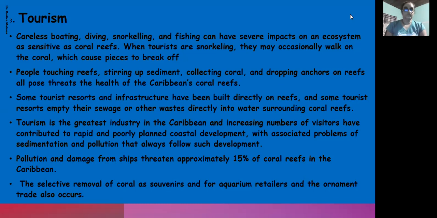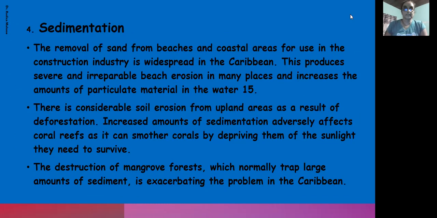Okay. The next way in which the reef is threatened is through sedimentation. And sedimentation is the removal of sand from beaches and coastal areas for use in the construction industry. So I just mentioned all those beachfront properties.